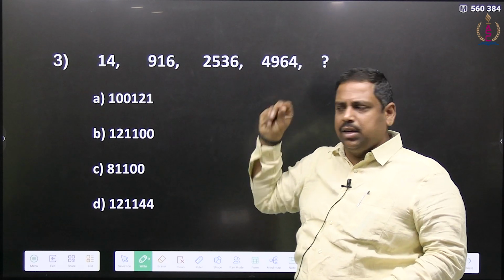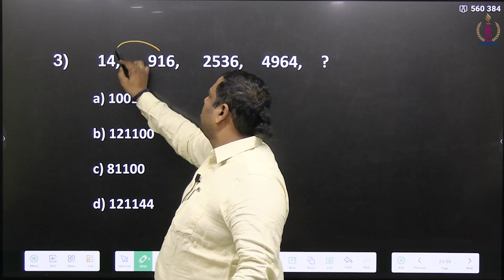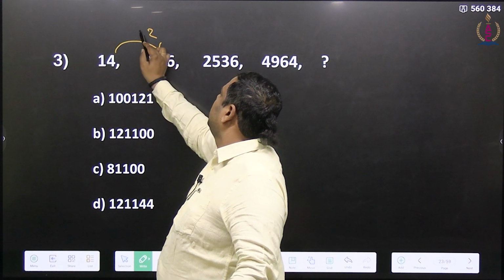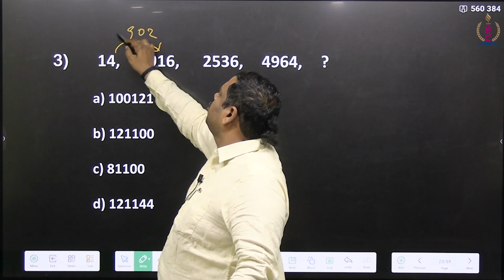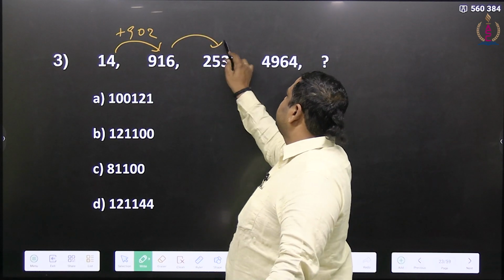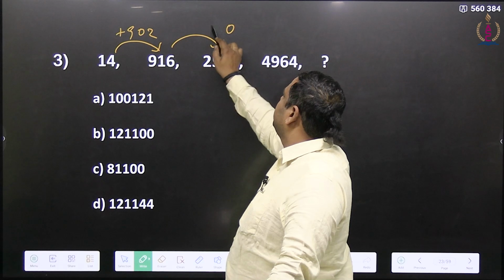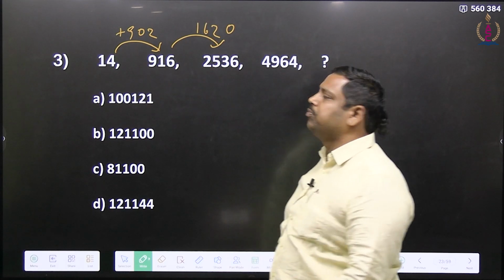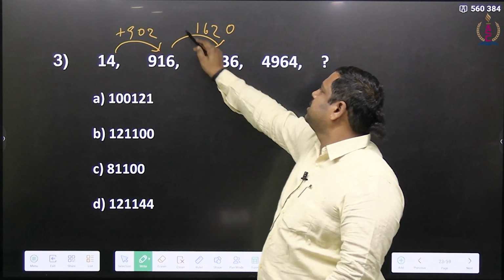Go with the difference. Suppose I go with the difference. 6 minus 4 is 2, 1 minus 1 is 0, and 9 not 2, increased. Am I right or wrong? Then try the next one. 6 minus 6 is 0, 3 minus 1 is 2, 15 minus 9 is 6, and this is 1620. Increased, so plus.